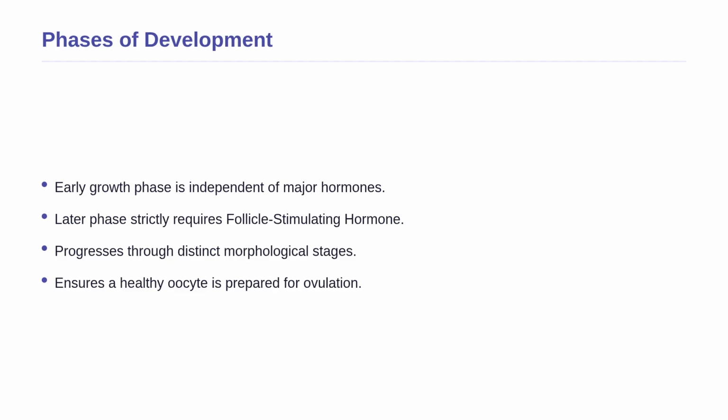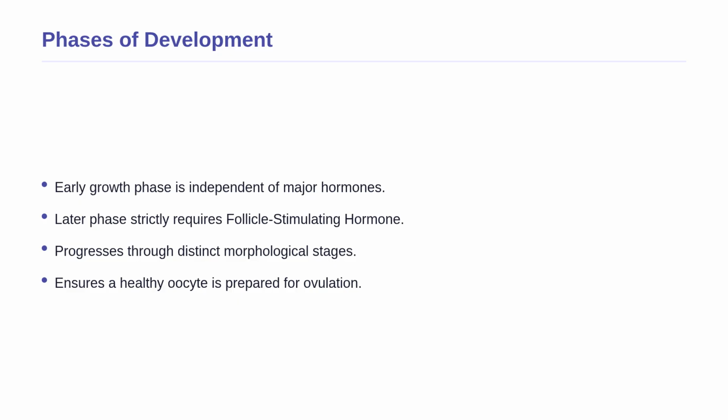Building on the structure of the follicle, we must understand how it actually grows over time. The entire process of folliculogenesis is divided into two main phases. The early growth phase happens independently of major hormones. However, the later phase strictly requires hormones like follicle-stimulating hormone to continue.